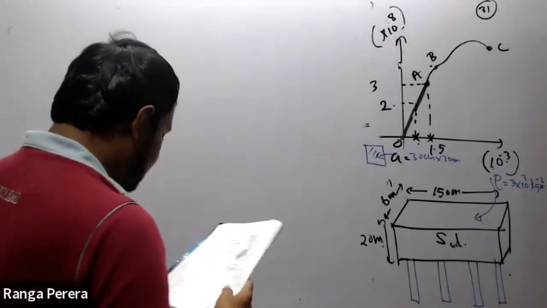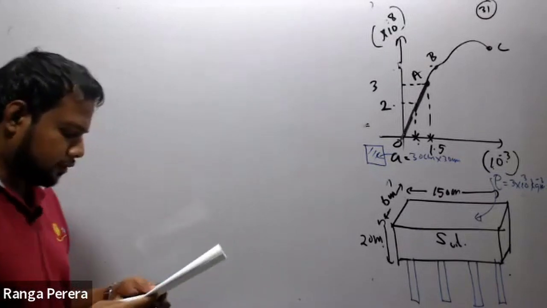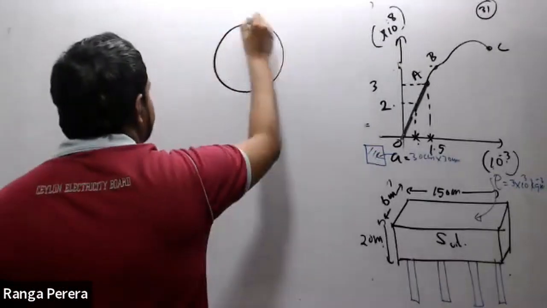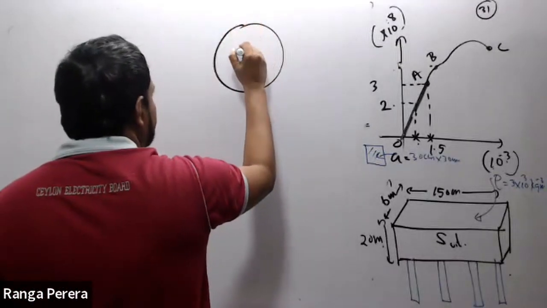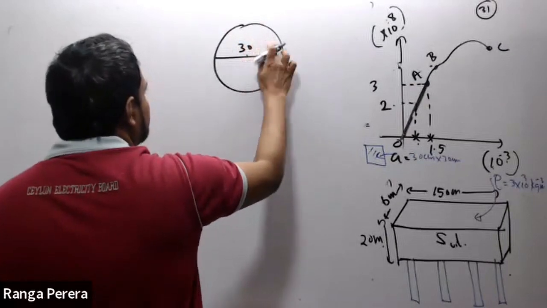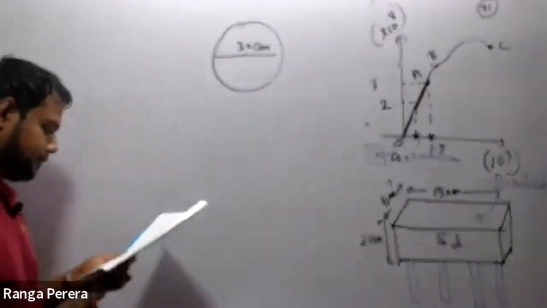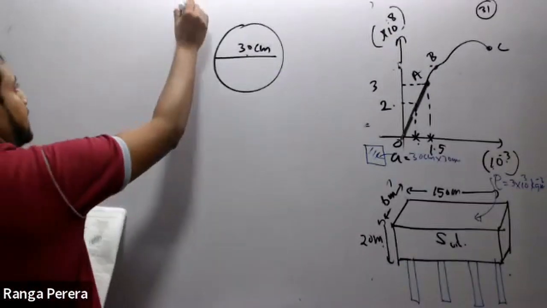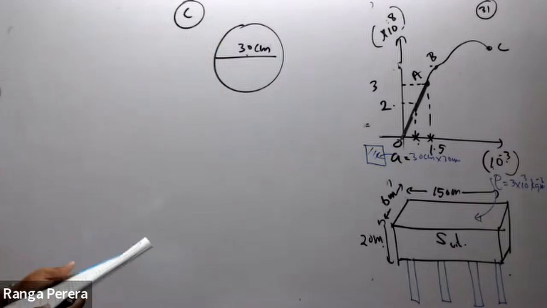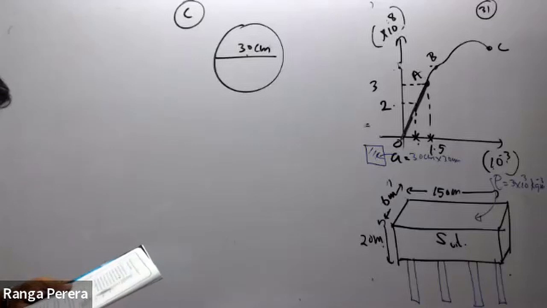Right. If the columns have a circular cross section of radius 15 centimeter, the radius is 15 centimeter now, which means the diameter is 30 centimeter. For part C: does the number of columns calculated in A2 above become less, same or more?